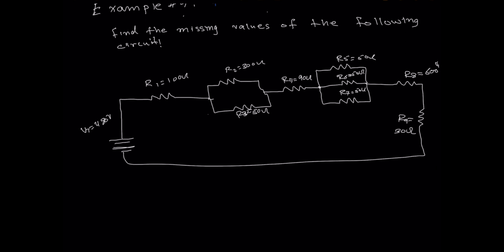So we will call R2 and R3 Rn. So 1 over Rn will be equal to 1 over R2 plus 1 over R3.